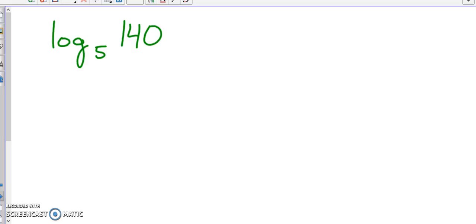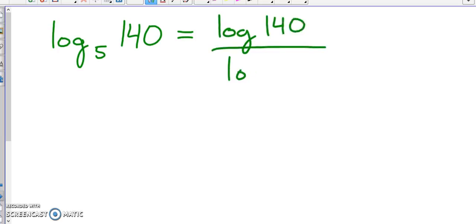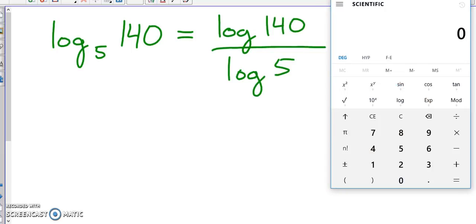So, what would this calculation look like? And then you need to calculate that. So I take the log of 140 and divide it by the log of 5. And I get roughly 3.07.